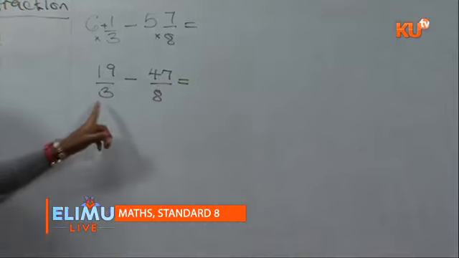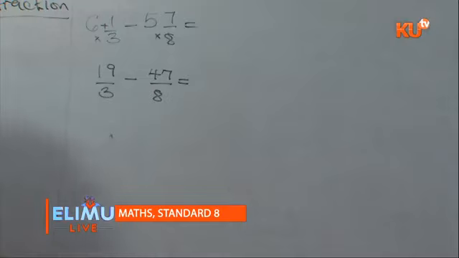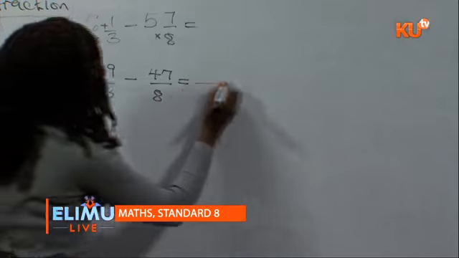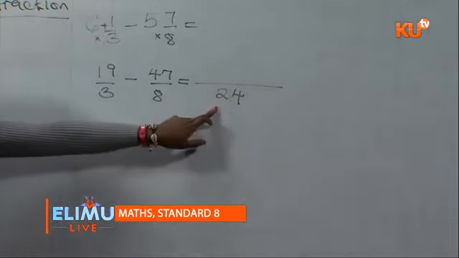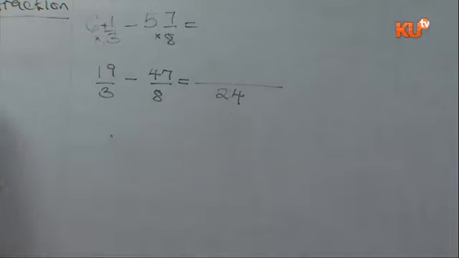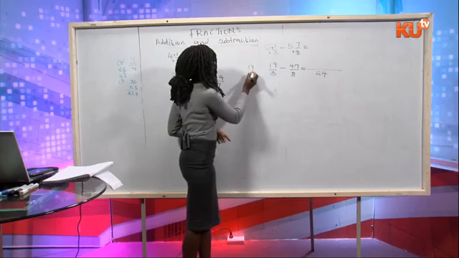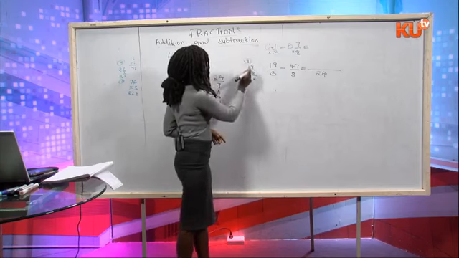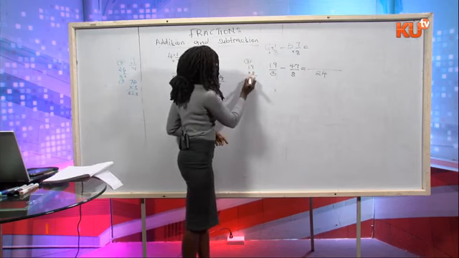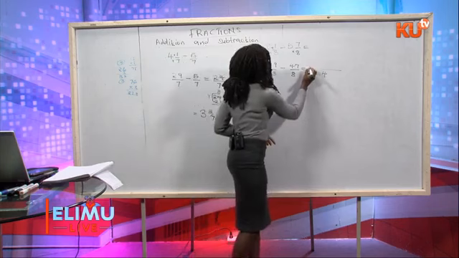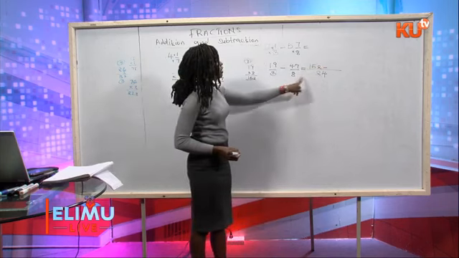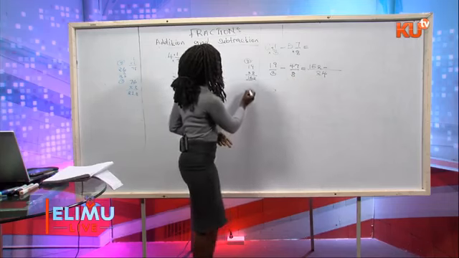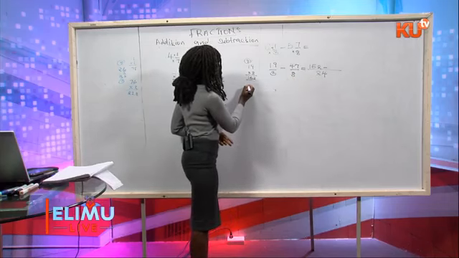We get the LCM of 3 and 8. The LCM of 3 and 8 is 24. So 24 divided by 3, we get 8. Then 8 times 19, 152. 24 divided by 8 is 3, sorry.